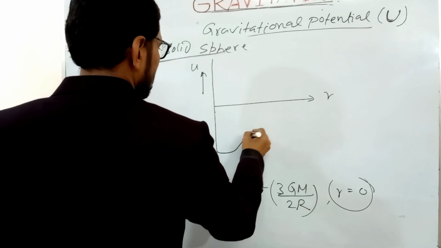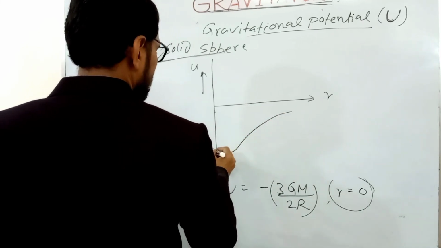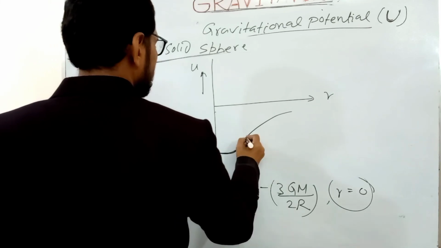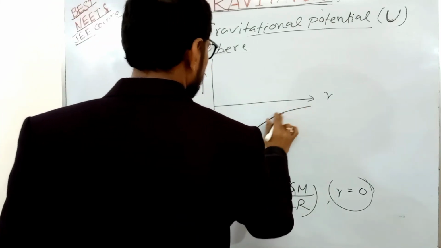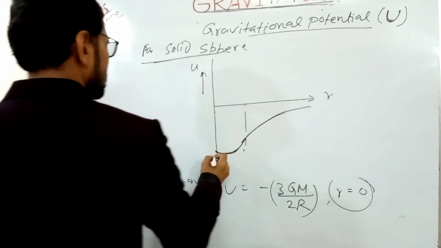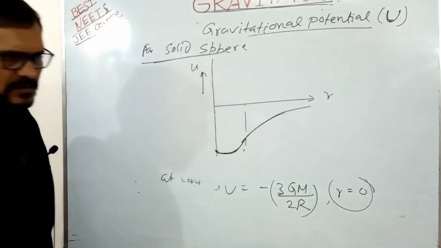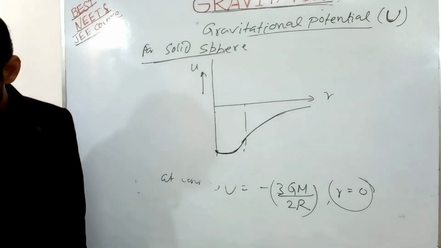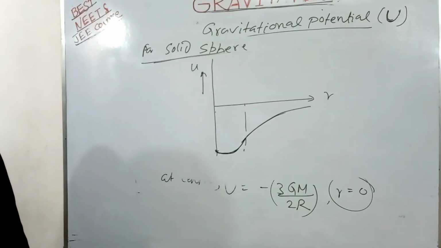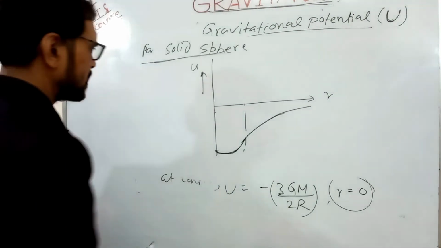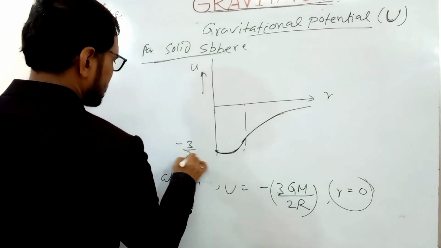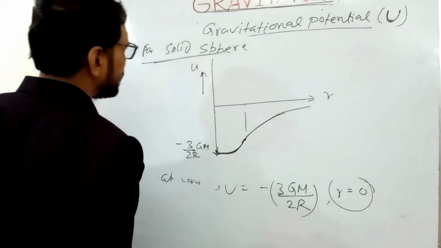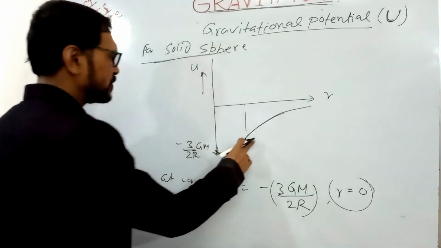It will be this way: first an inverted parabola curve, and then this. Minus 3 G M by 2 R is the minimum value, then the value increases.